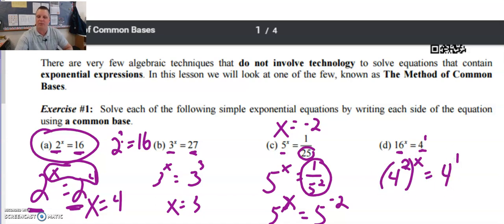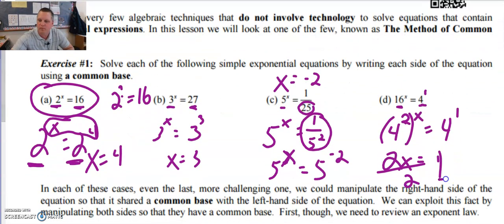Now, if we remember, when we have a power to a power, we multiply. So that means that 2x equals 1. Now, don't fret. You just solve for the x. Divide both sides by 2, and x equals 1/2. So you can see they get progressively more difficult.